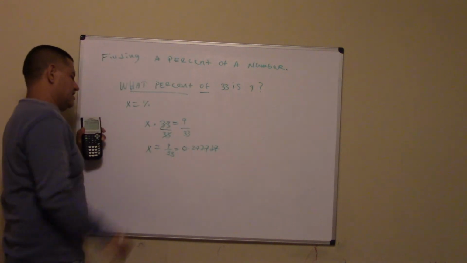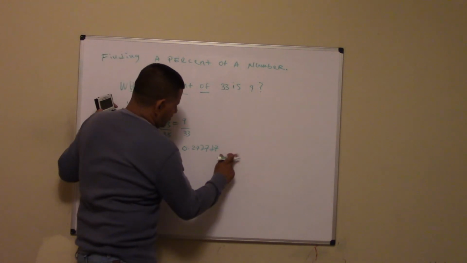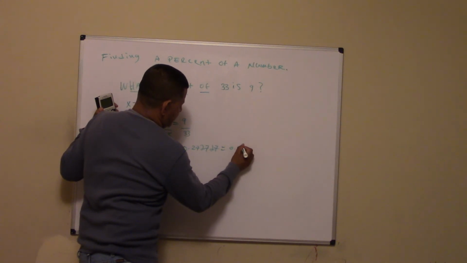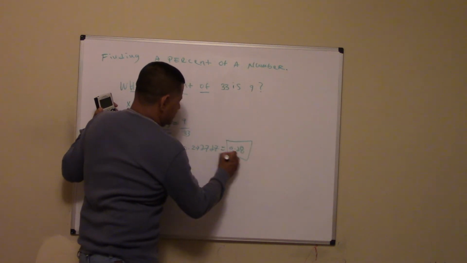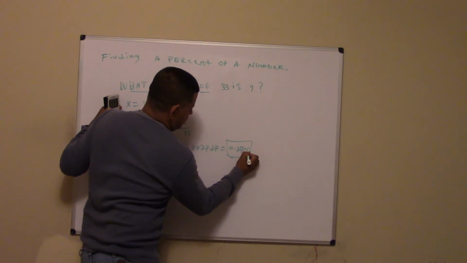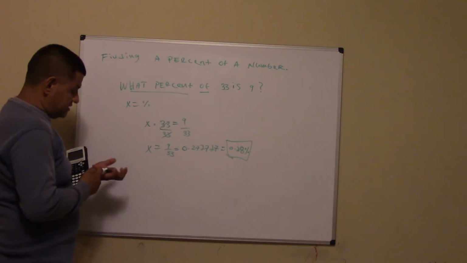You just keep going. 27, 27, 27. And therefore, you can round this up and say 0.28, because that is a repeating number. And then you add a percent sign. And that's it. Now, did this make sense?